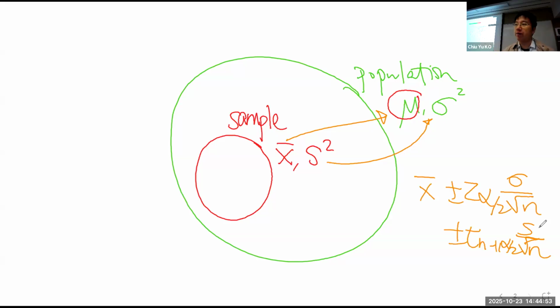Or if you have binary data, that will be P hat plus minus Z alpha over 2 square root of P hat (1 minus P hat) over n. Either way, we use the data from the sample to guess the population. Now that is called estimation.